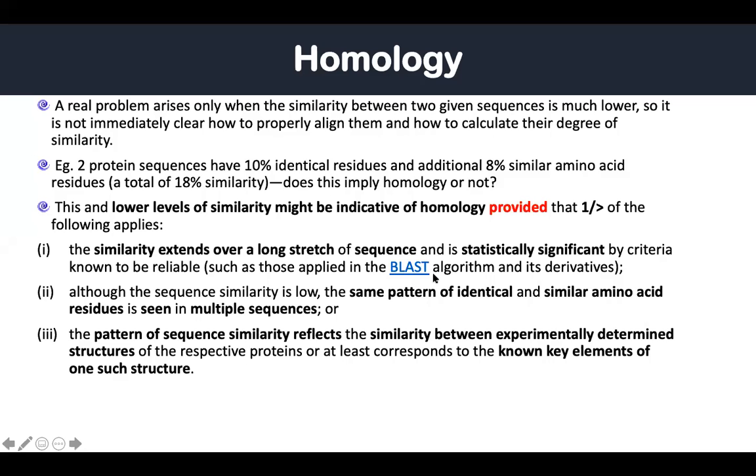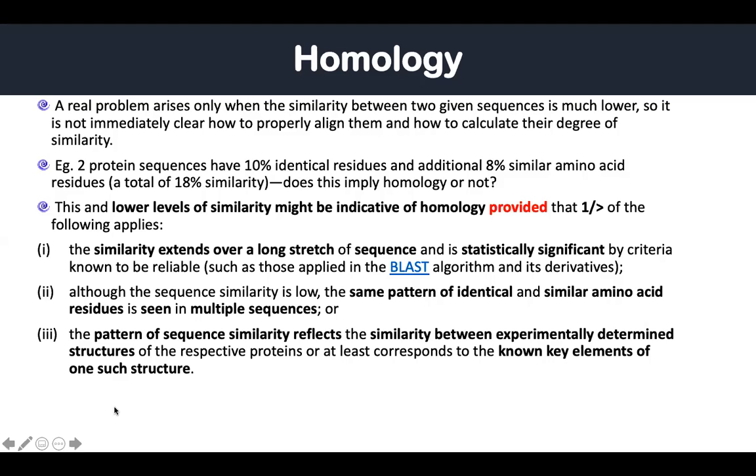If it fits the parameters set by BLAST, then we could consider that the genes or the proteins are similar. Second, although the sequence similarity is low, you still see the same pattern of identical and similar amino acid residues in multiple sequences. Multiple means not 5, but maybe 10 or 20 or a lot more sequences, and you still see the same pattern. Then you can also say that the genes or the proteins are similar.